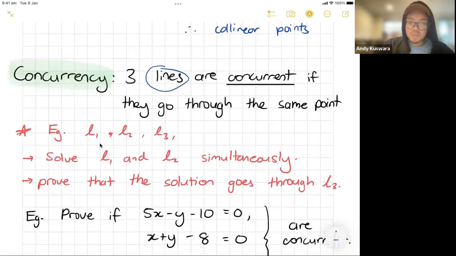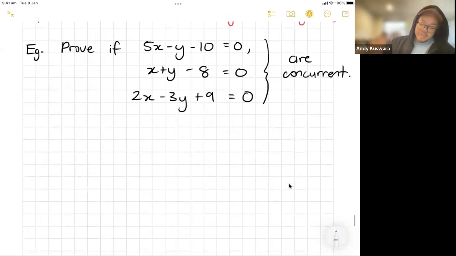The way that we'll do this is you'll want to solve one pair simultaneously to find their intersection point. And then to prove that the other line goes through it, you just use substitution.